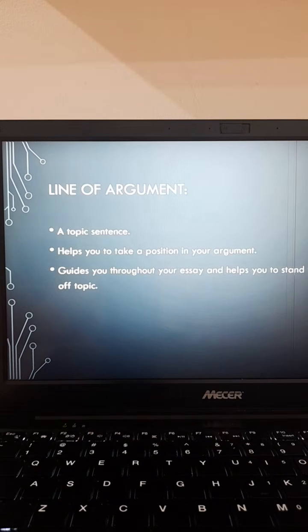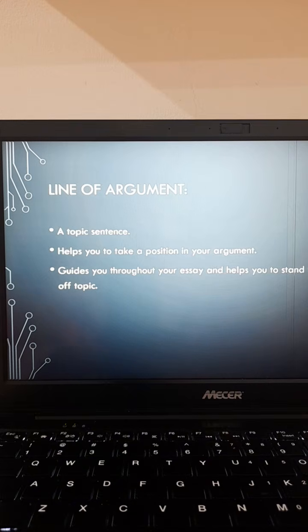What is line of argument? Line of argument is a topic sentence which helps you to take a position in your argument. Understand? It guides you to stay firm throughout your essay. Sorry about what I wrote there, but then I think it makes sense.